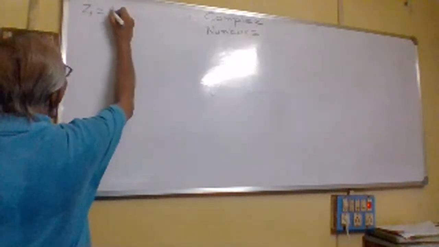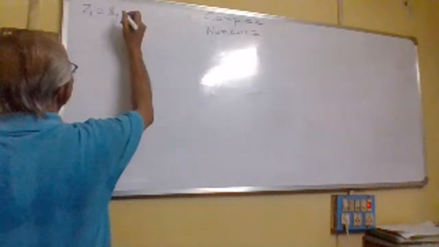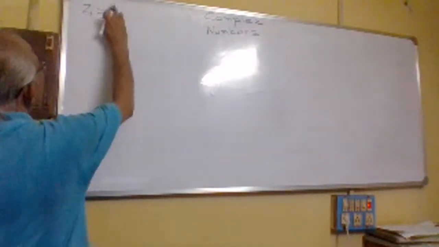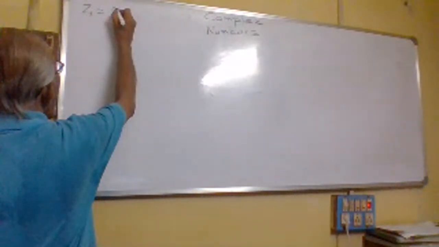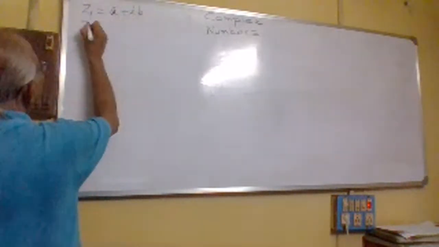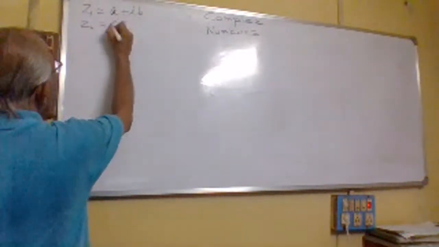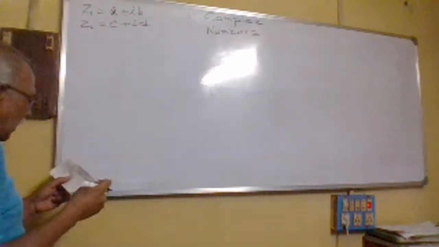Z1 equals r1, or we can say Z1 equals a plus ib, and Z2 equals c plus id. It may be in any style you can write.